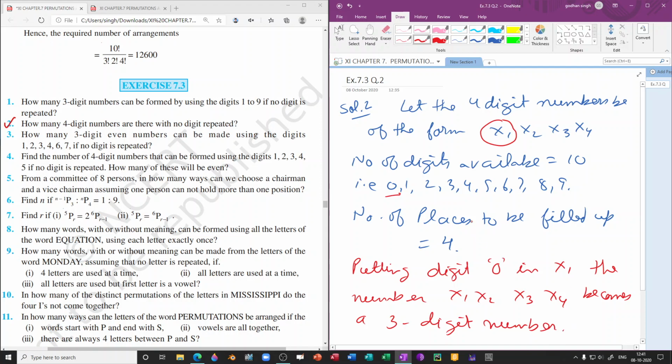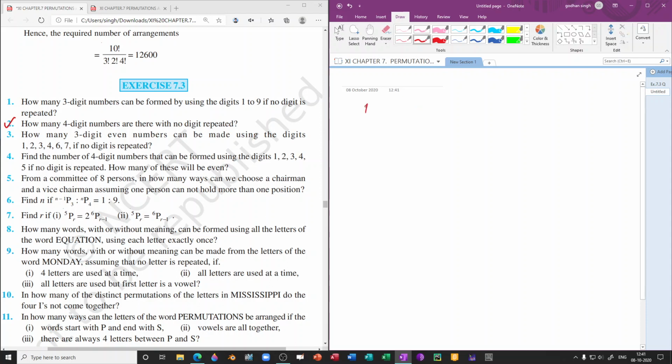But what is required is only a 4-digit number.